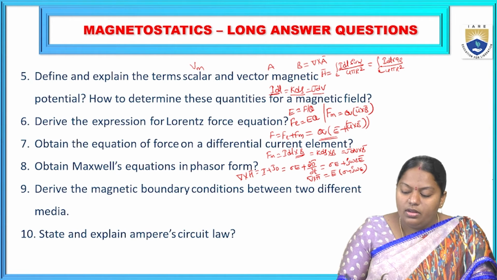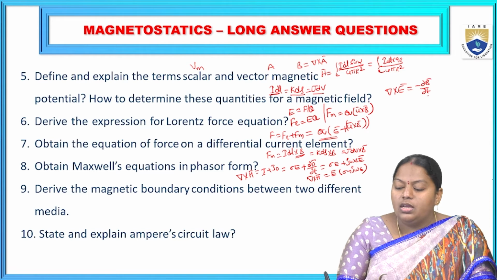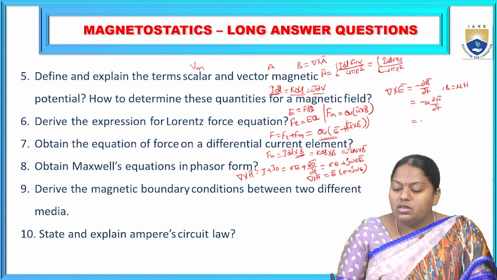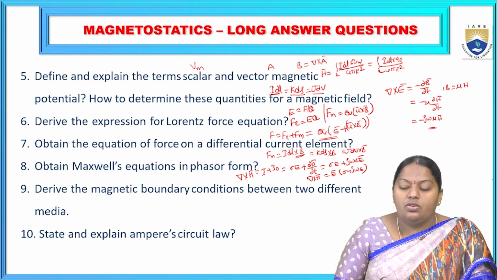Similarly, for the time varying Faraday's law case, del cross E bar is equal to minus dou B bar by dou t. If you substitute B by mu into H, then it becomes minus mu into dou H bar by dou t, which is equal to minus j omega mu into H bar, since for time varying fields dou by dou t is replaced by j omega.